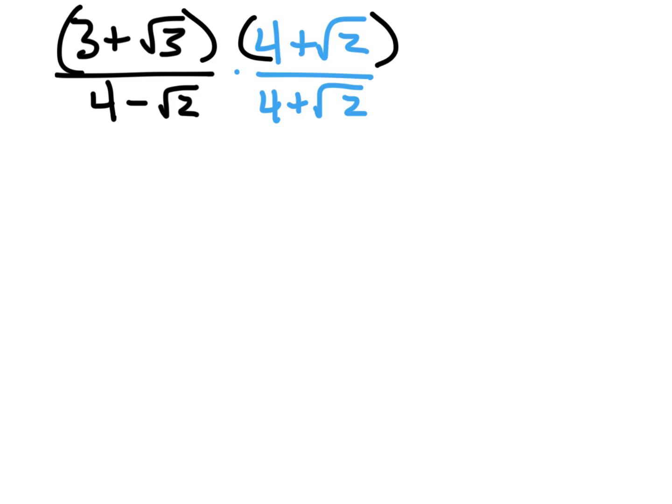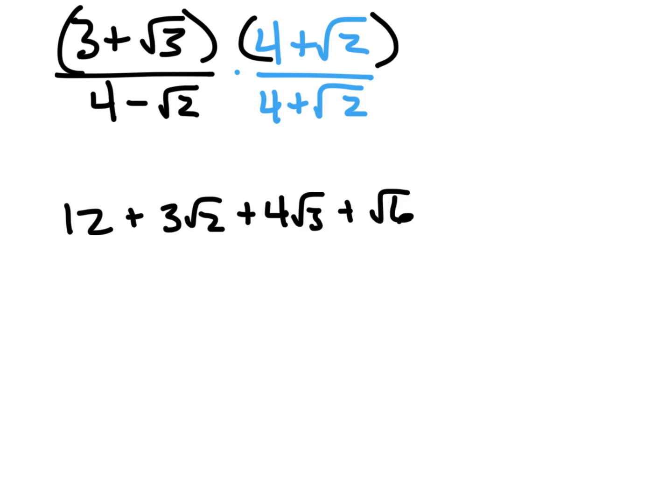So whenever we FOIL, we have 3 times 4 is 12 plus 3 square roots of 2 plus 4 square roots of 3 plus square root of 3 times square root of 2 is the square root of 6, all over 4 squared, 16, minus the square root of 2 squared, 2.